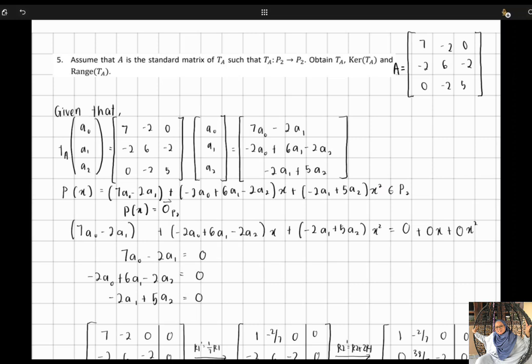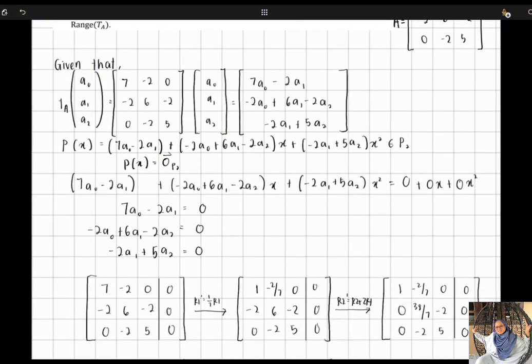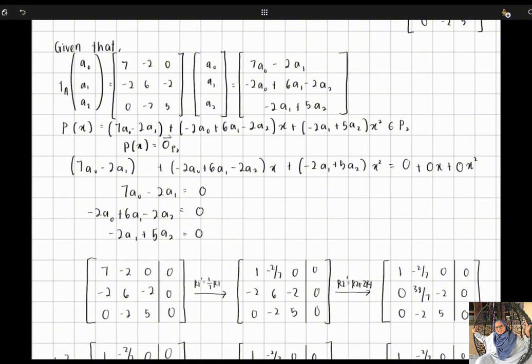Then we assume that TA of p(x) equals the zero vector of polynomials to find the kernel. So we need to compare the left side and the right side to find the values of a0, a1, and a2.